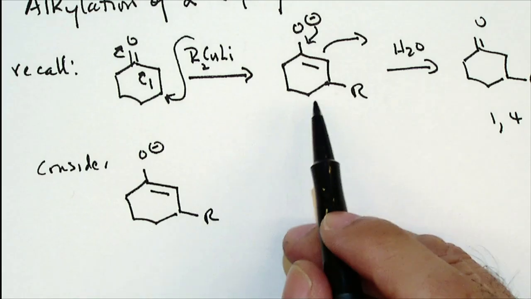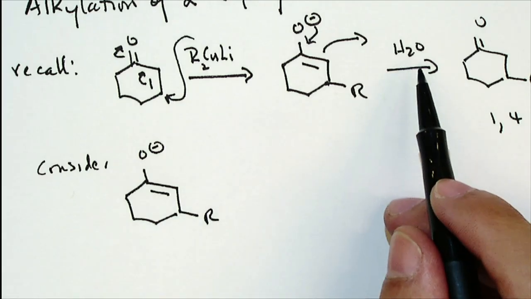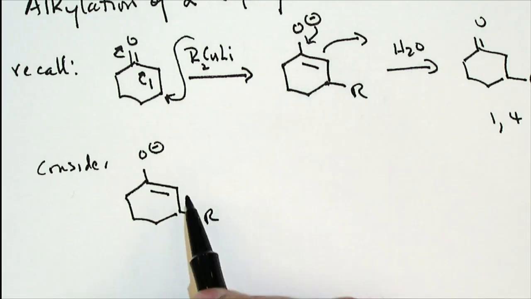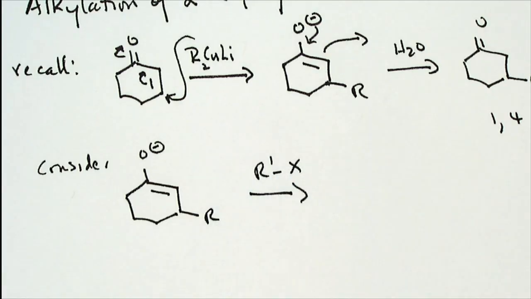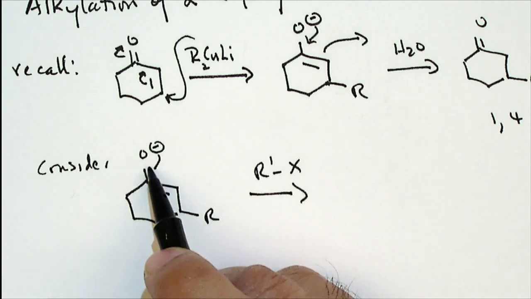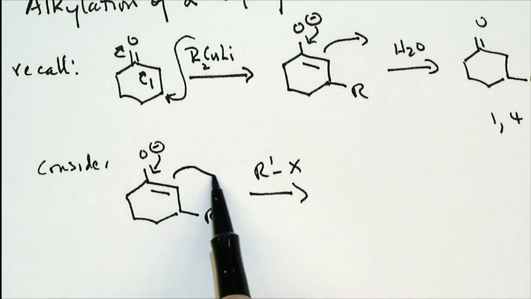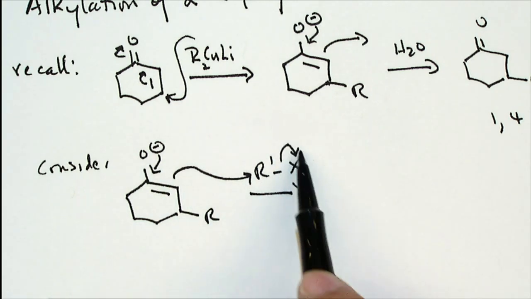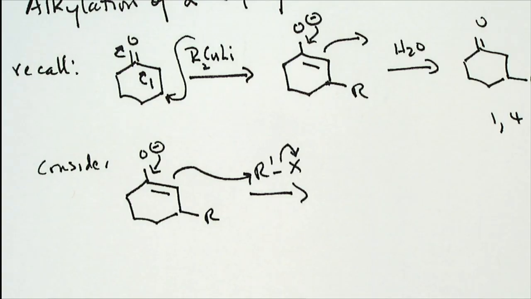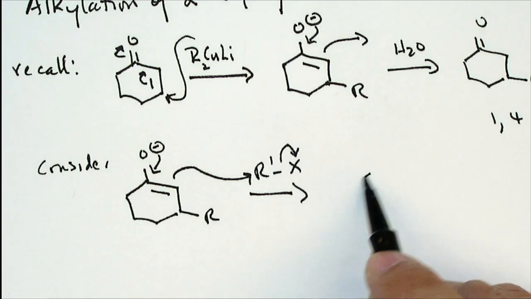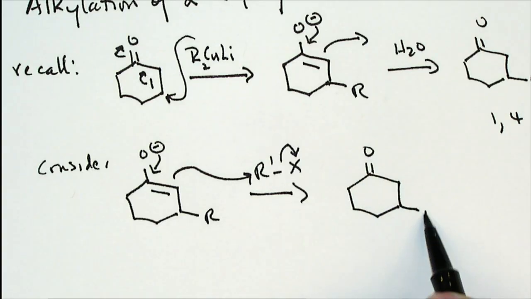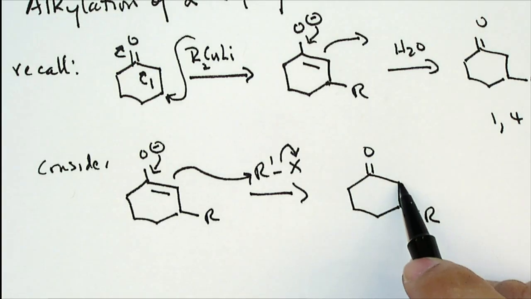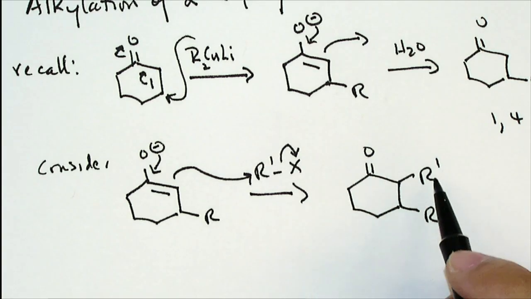What if instead of just throwing in water and protonating that alpha position, what if I actually added a nice alkyl halide that I'm just generically calling R prime X? When I reform the carbonyl, the alpha carbon reaches over, attacks, and you kick that out. And so what I end up making here is carbonyl. Here's the R that I had originally attached, and here is an R prime.